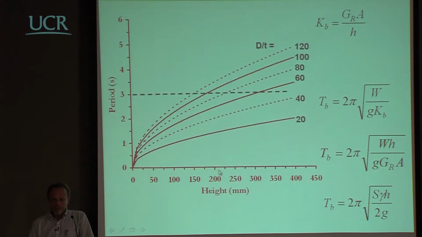So if you have, for example, a 200 millimeters device in height, and you have, again, a kind of a shape factor of this range, you end up to be somewhere here, and you will read a 3 seconds period of vibration.